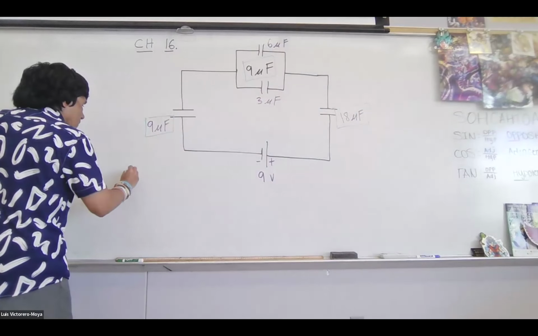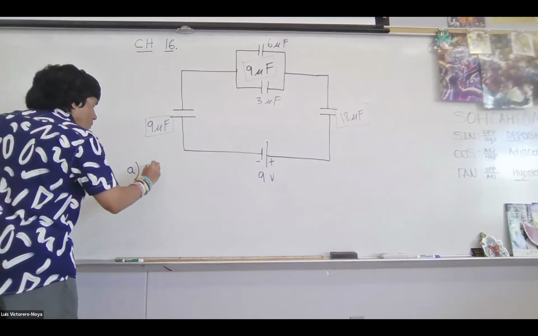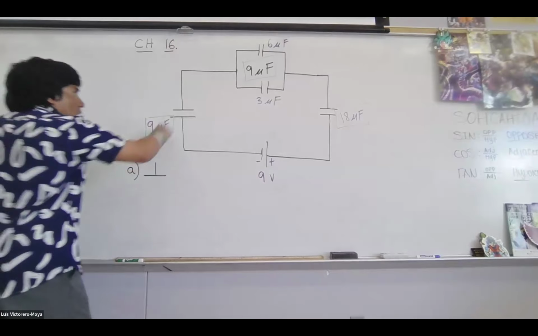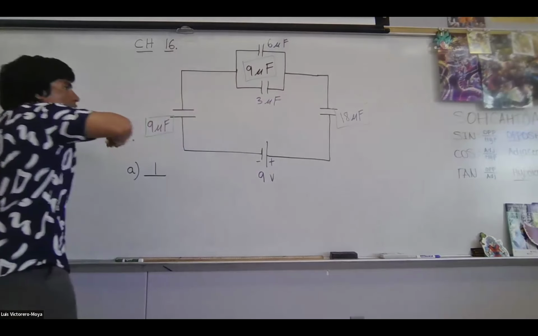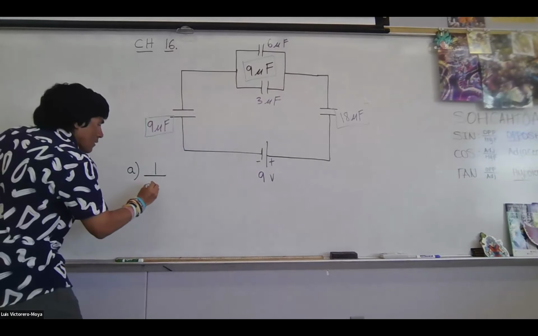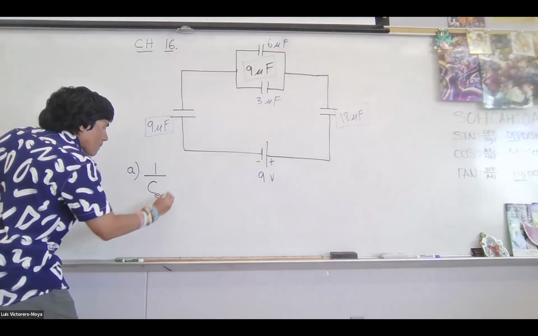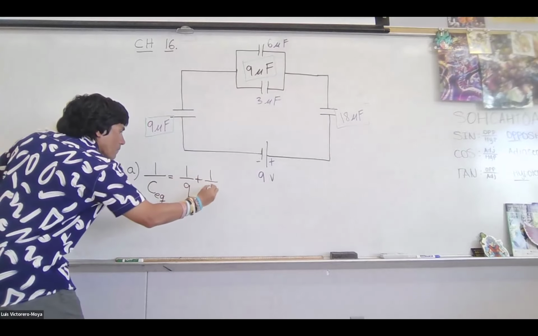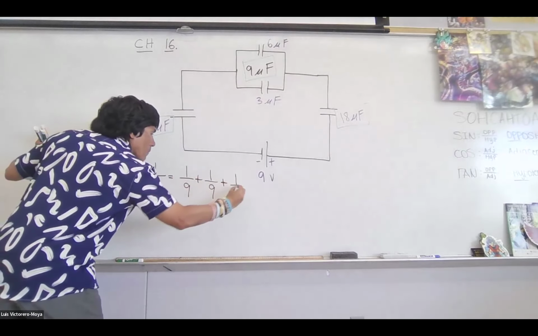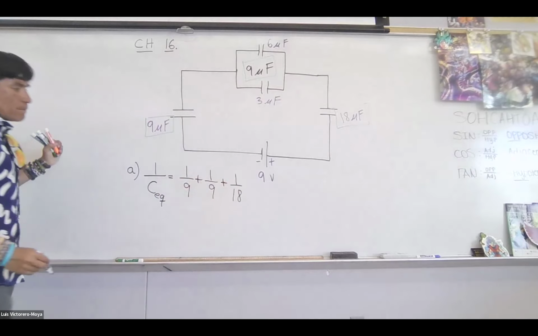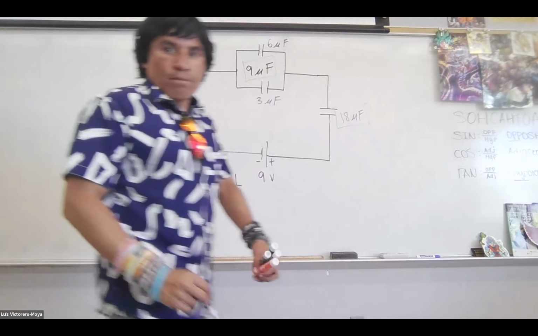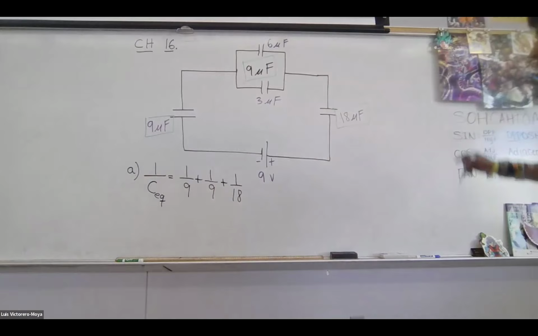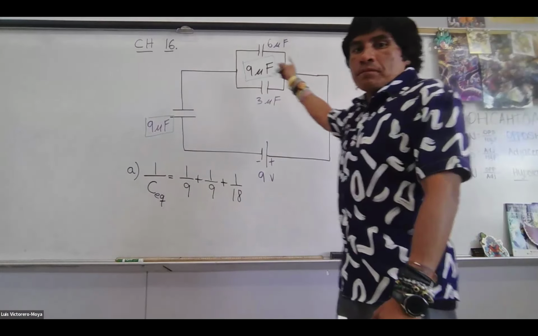So for part A, these three are in series. For series, you do the sum of the inverses. Because they're in series, right? In series, the charge is the same across.